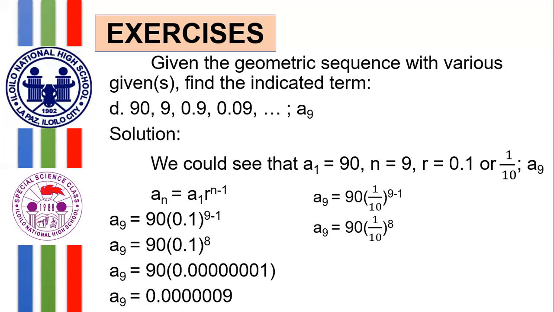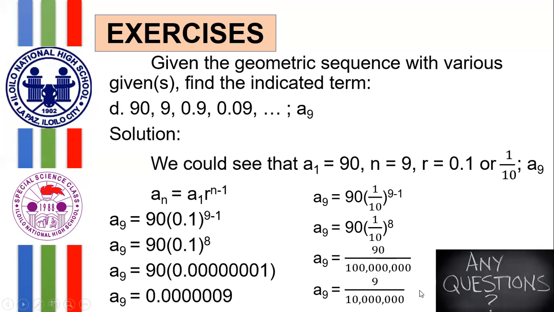The exponent simplifies to 8, so I just made it 8 and copy the rest. 10 to the 8, this becomes 90 all over 10 raised to 8, which is 100 million. And this simplifies to 9 over 10 million. So if you answered as a decimal or as a fraction, both of them are considered correct.